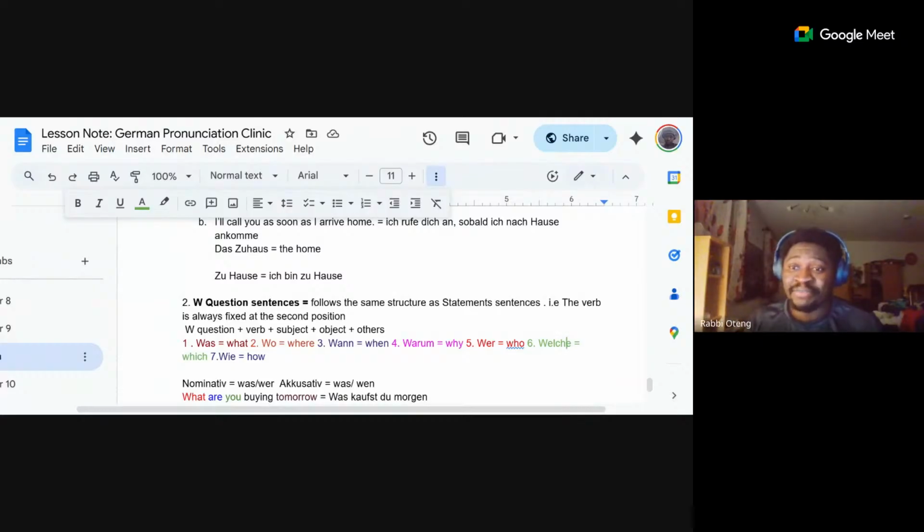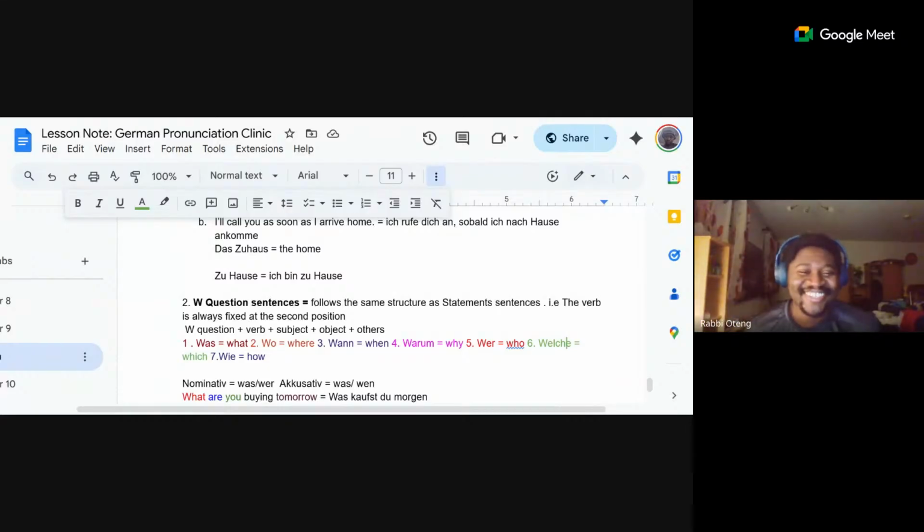And our rule states that under accusative, masculine changes from der to den. But if you're asking me which man do I see, I am performing the action of seeing. So I am seeing something, or I'm seeing who. So the who in this case will be the accusative.